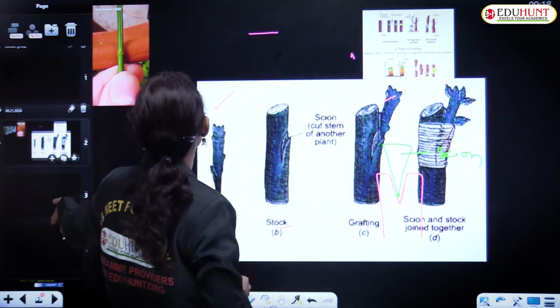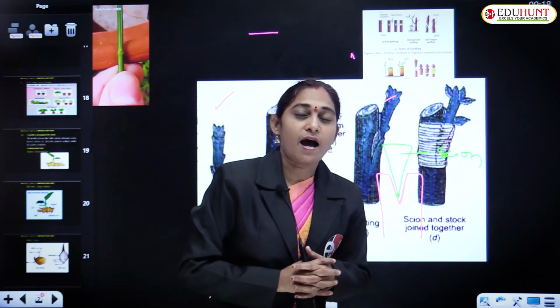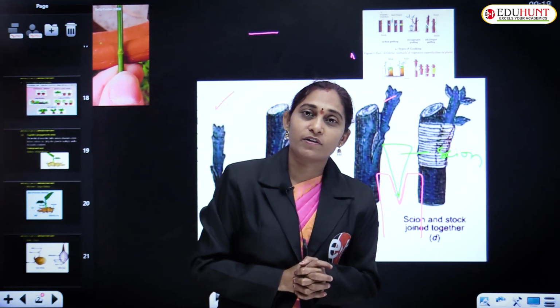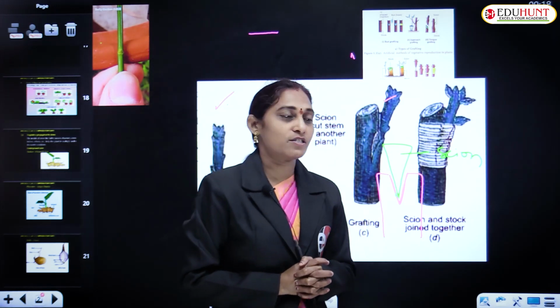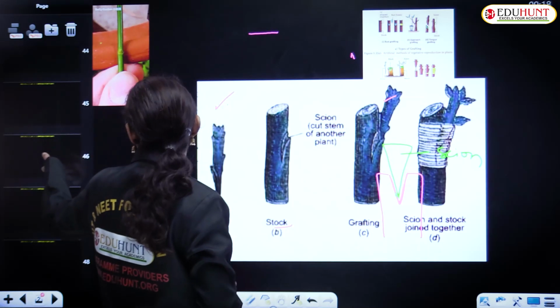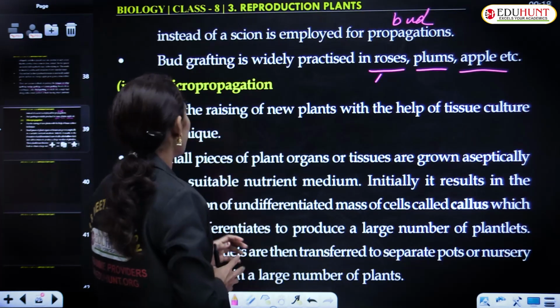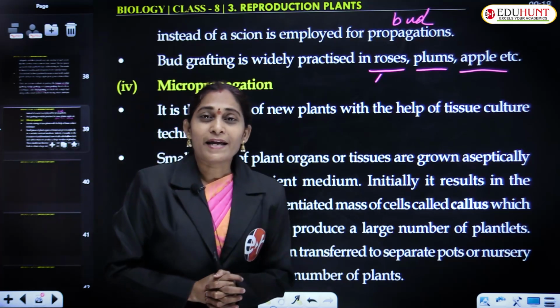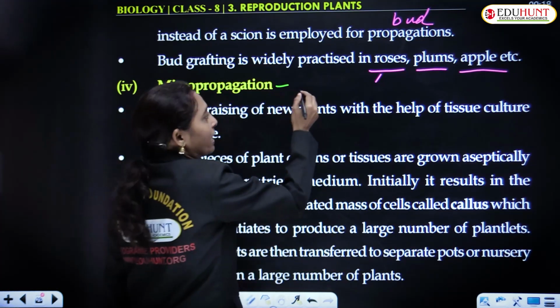Let's move on to the next one, that is micropropagation, which is another mode of artificial vegetative propagation. Micropropagation is also known as tissue culture.